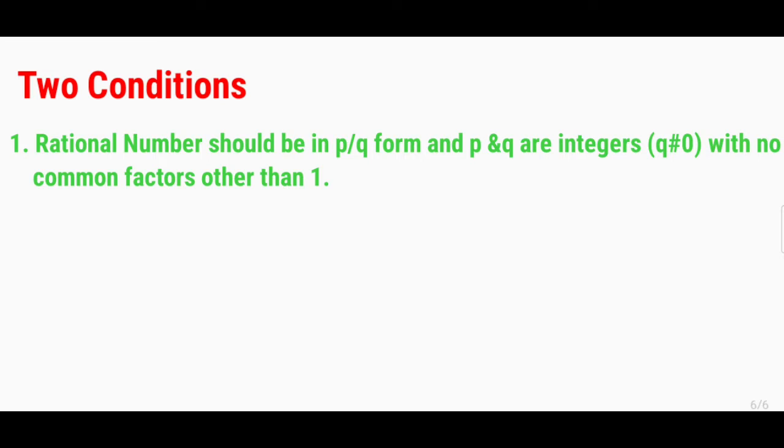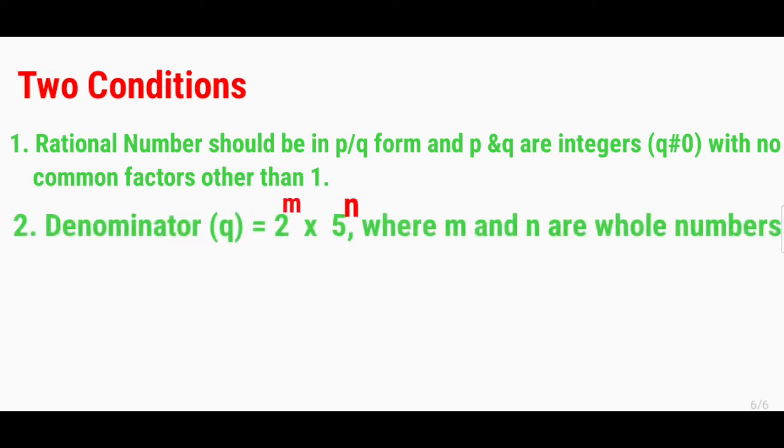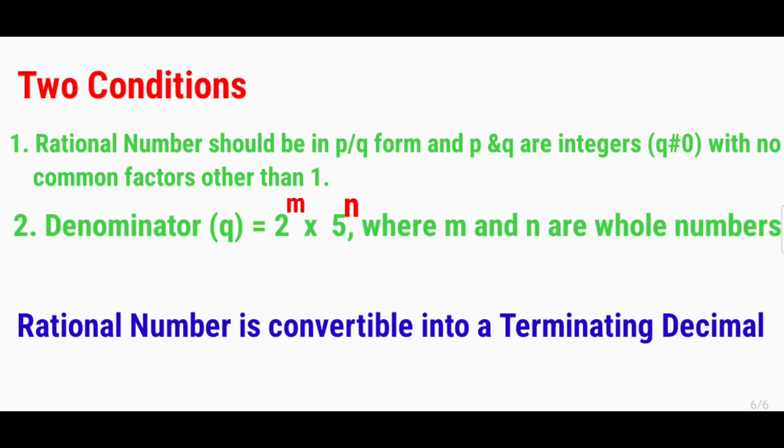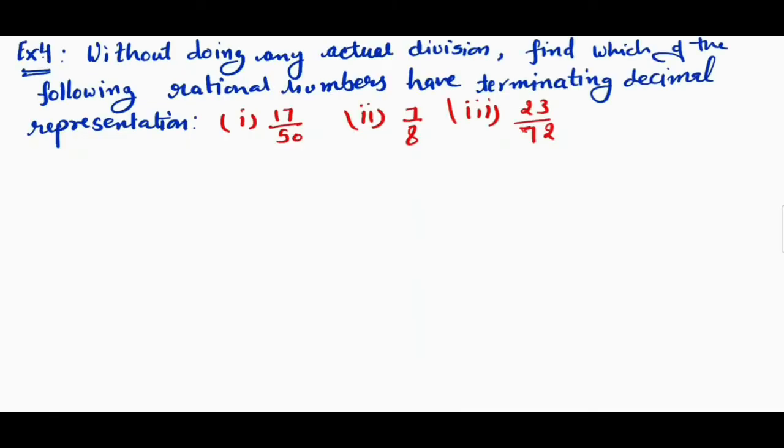And second condition here is to write our denominator in the form 2 raised to power m into 5 raised to power n, where m and n are whole numbers. If the given number is satisfying these two conditions, then we can convert this rational number into a terminating decimal. To make this concept more clear, let's do this exercise here without doing actual division.